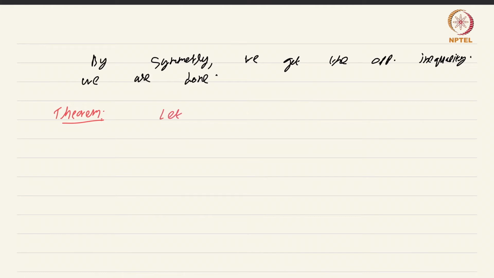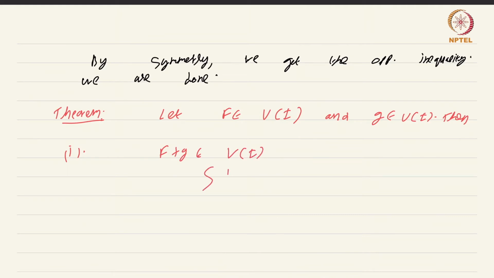Let f be an upper function, and g also an upper function. Then number 1, f plus g is an upper function, and the integral of f plus g over I is just the integral over I of f plus the integral over I of g.